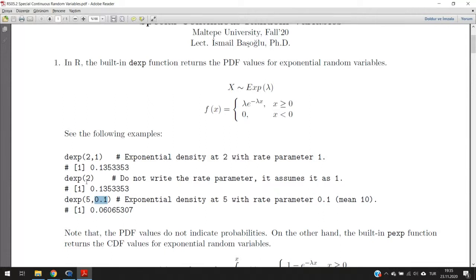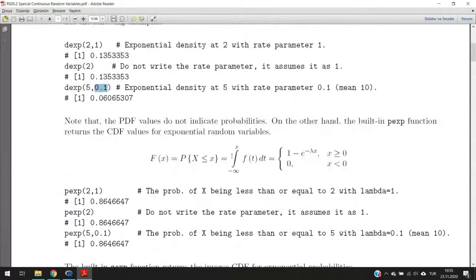Secondly, we need to use the cumulative distribution function, right? which was the integral of the probability density function, which is defined here, and the closed form cumulative distribution function for the exponential random variable was equal to 1 minus e to the power minus lambda x for non-negative values. So all this function calculates the probability of an exponential random variable to be less than or equal to x.